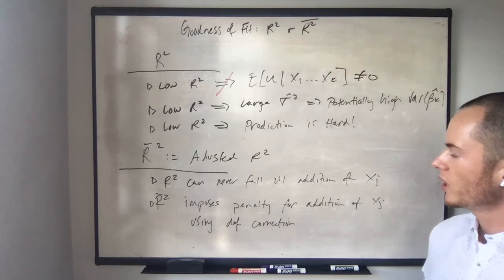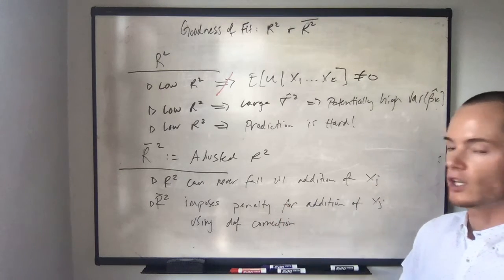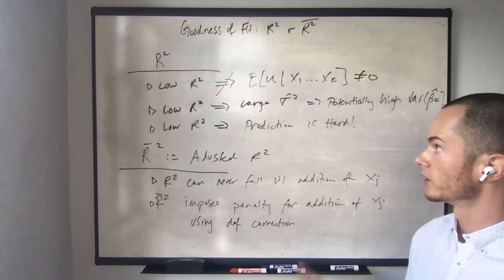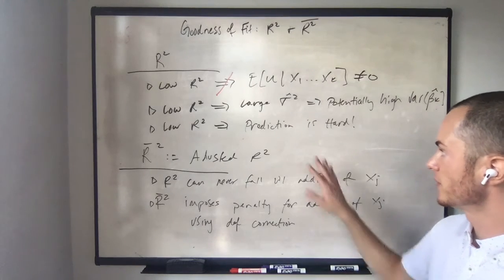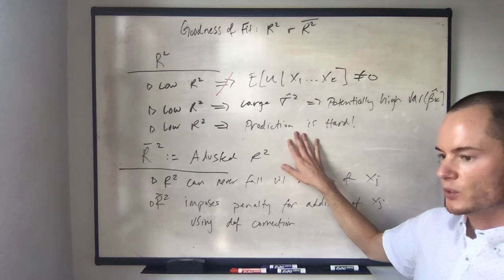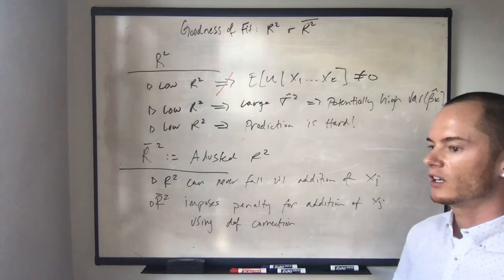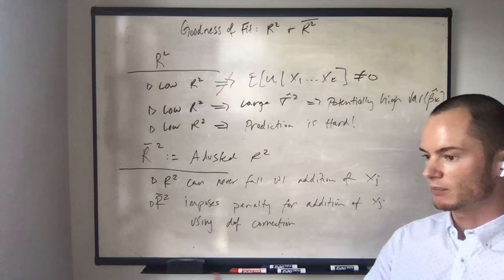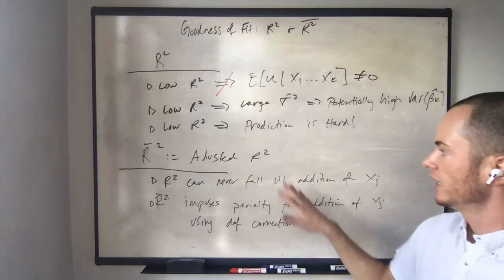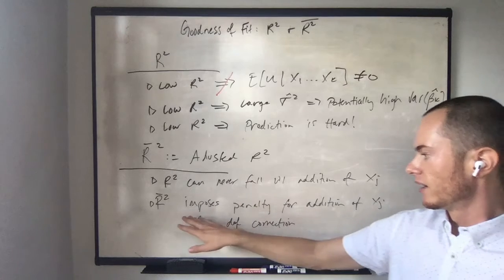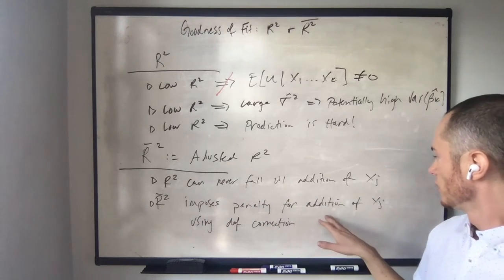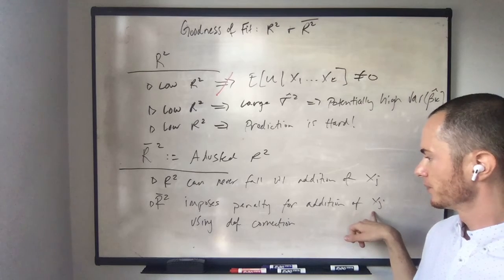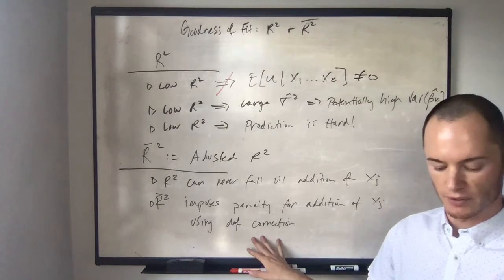So we often include with our goodness of fit measures adjusted r squared. We like to think about both of these because r squared has that intuitive interpretation of the percentage sample variation in y explained by the model, but then adjusted r squared imposes a penalty for adding additional independent variables using a degree of freedom correction.